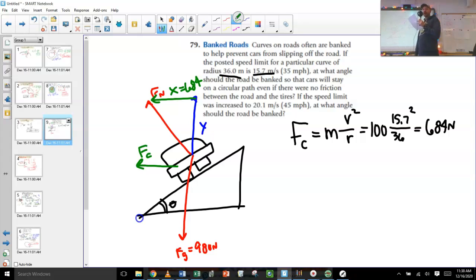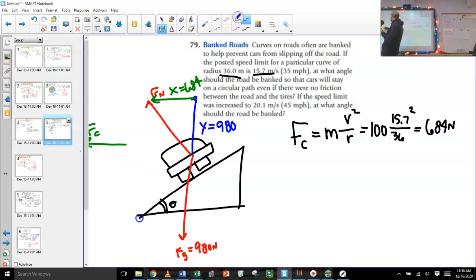Now we go down the path. If that is 684, this has to be equal to 980 right here to make this all work. Because the down equals the up.